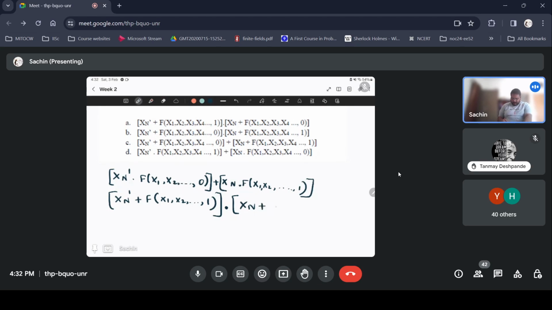So you'll get OR f of x1 x2 etc. up to this 1 will change to 0. So this is the correct answer. And among the options, it's option A.